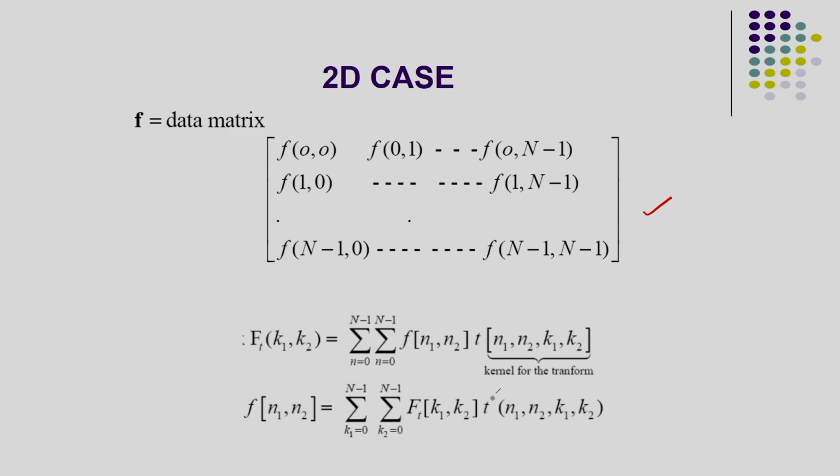Next I am considering the transformation. I am getting the transform data, the transform data is F_t(k1, k2), where F_t is the transform coefficients, and k1 and k2 are the row and the column indices in the transform array, and I am considering the transformation kernel. The transformation kernel is T(n1, n2, k1, k2). So, this is my transformation kernel.